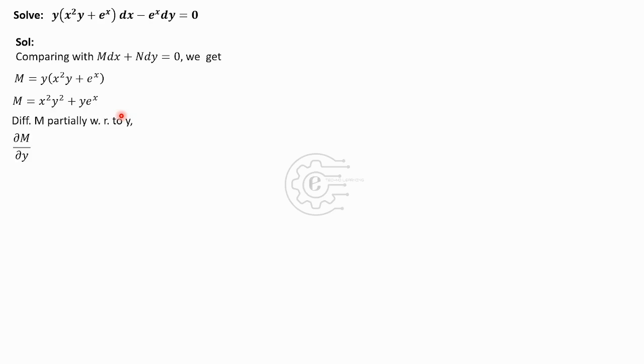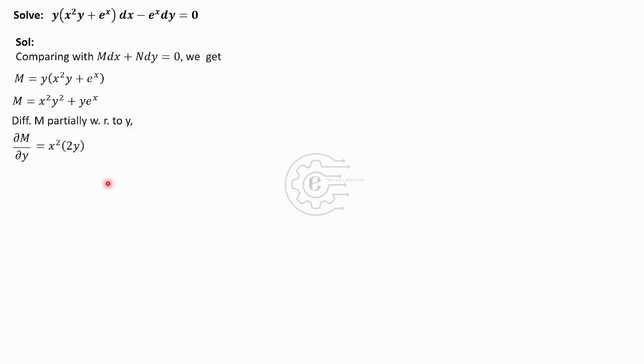So we write ∂M/∂y equal to, now derivative of first term, यहाँ पे x² will be constant क्योंकि हम differentiate कर रहे हैं with respect to y, and derivative of y² with respect to y will be 2y.